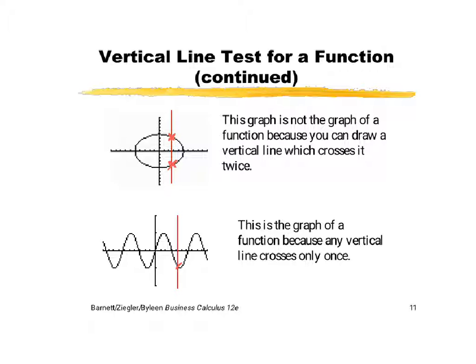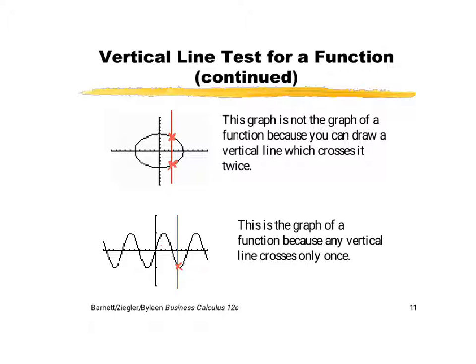But for the next graph, we have a vertical line drawn and it only crosses the graph once. So because a vertical line crosses only once, this graph does represent a function. So it's easy to determine a function from a graph. You just draw a vertical line. If it crosses the graph at only 1 point, that just means each element in the domain corresponds to one and only one element in the range, and that does represent a function.